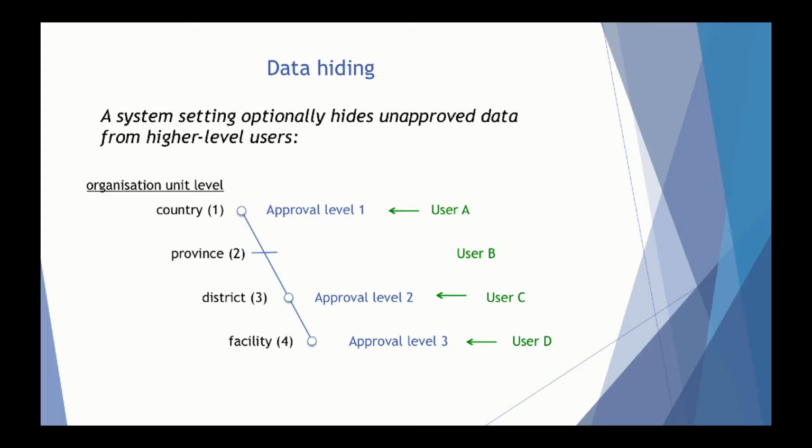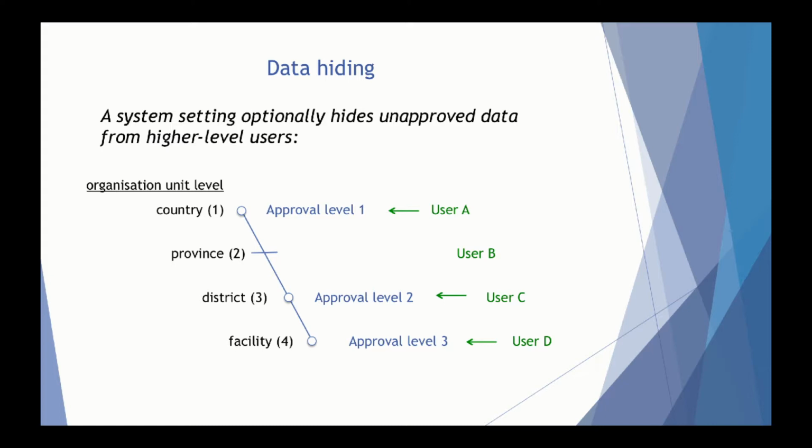For example, if I am user D and I'm responsible for approving data at the facility level, before I approve it, if we're using the data hiding, then that data cannot be seen by users A, B, or C. Once I approve it at the facility level, or approval level 3, then it can be seen by user C, but not yet by user A, because user C has not approved it at the district level. Once user C approves it at the district level, then it can be seen by user A.